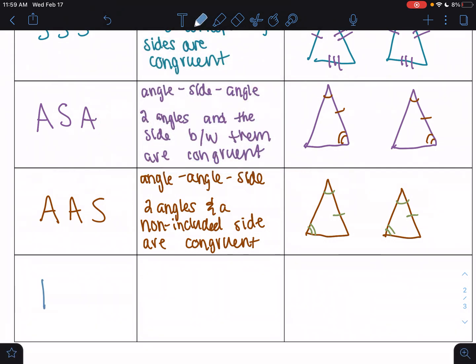Now our last one is actually HL, and this stands for hypotenuse, leg.